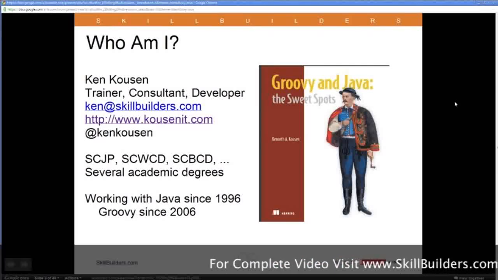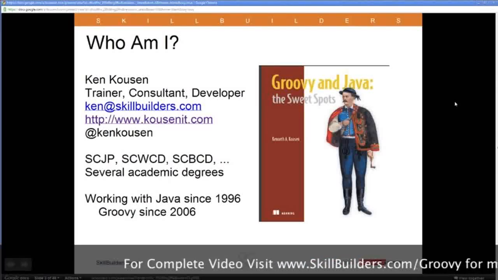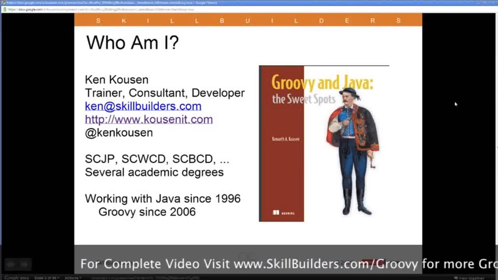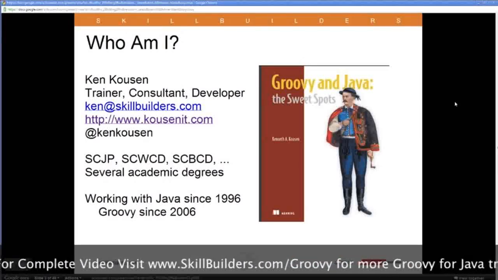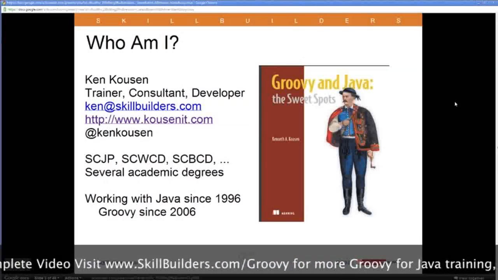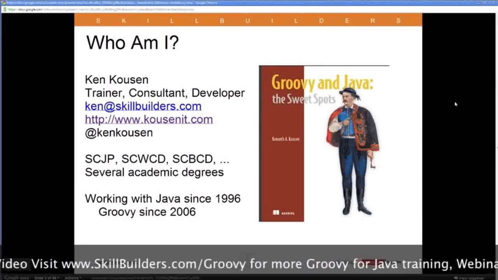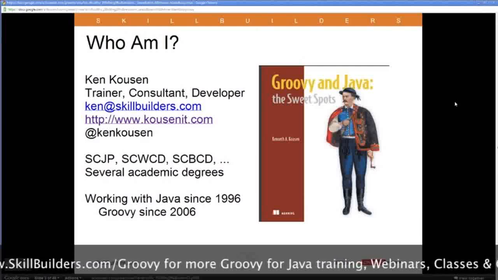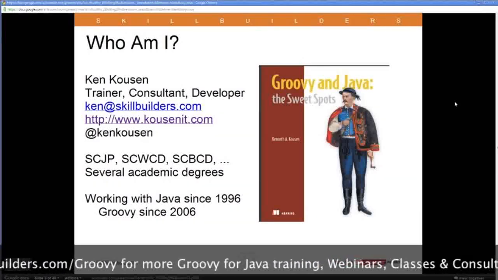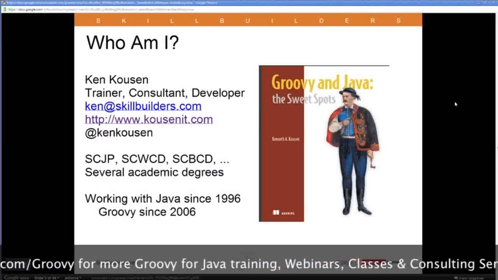You can go through that address. I also have a homepage listed and my Twitter account as well, if you're interested in any of that. I've got various certifications from several years ago when getting certifications was very popular in the Java community, and a bunch of academic degrees. And if you have any other questions about my background, feel free to contact me or check me online or whatever. But just say I've been working with this stuff for a long time.